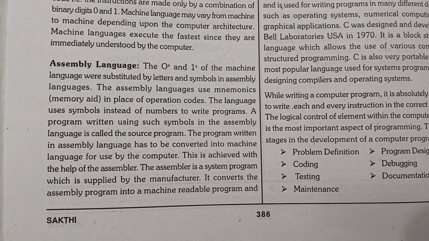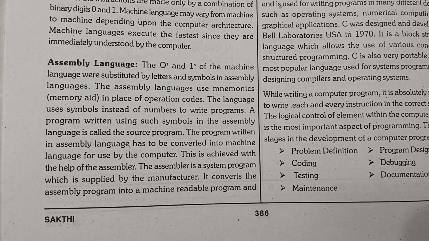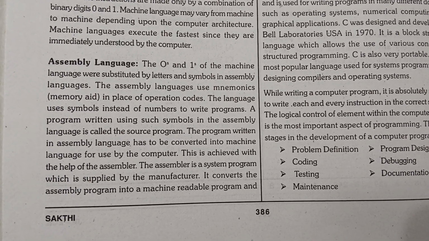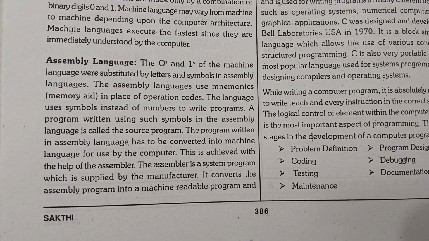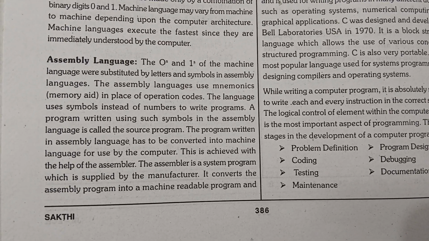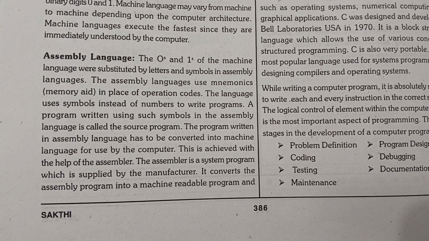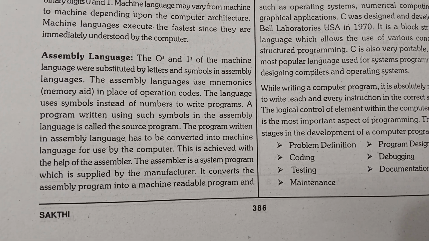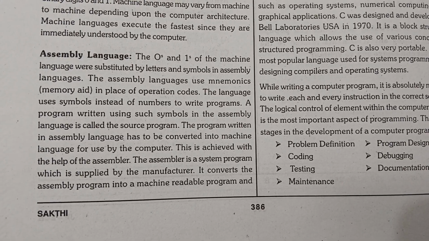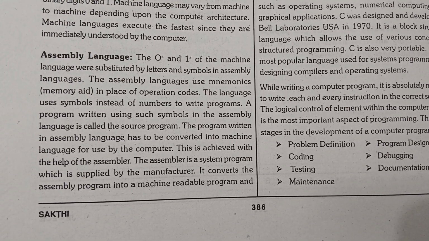A program written using such symbols in the assembly language is called the source program. The program written in assembly language has to be converted into machine language for use by the computer. This is achieved with the help of the assembler.